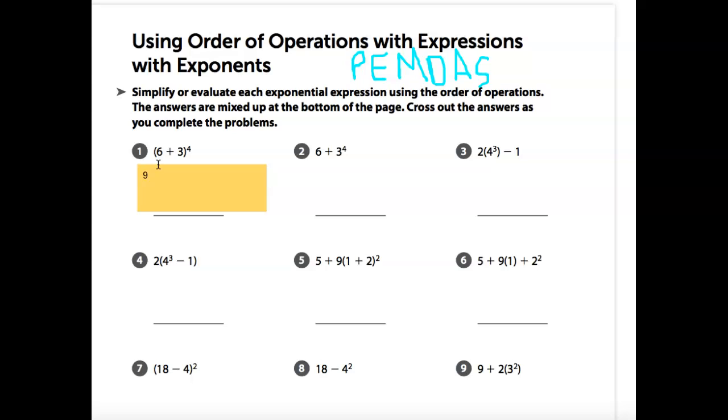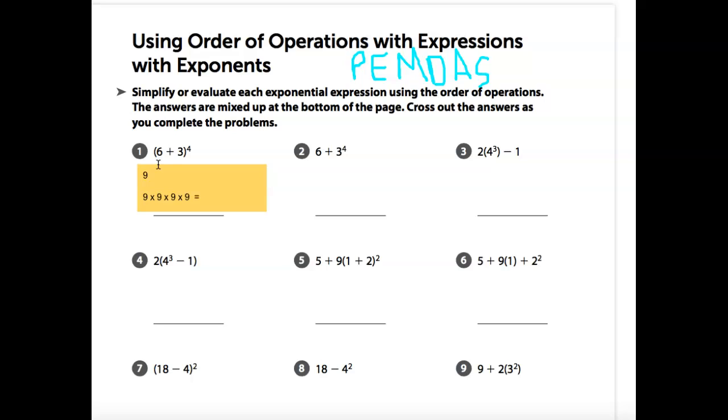And remember, 9 to the 4th power is we put down the 9 times 9 times 9 times 9. So you may want to use a calculator for this.